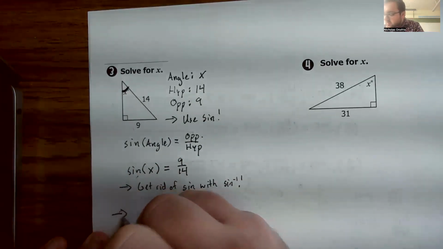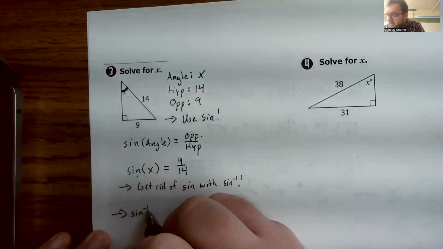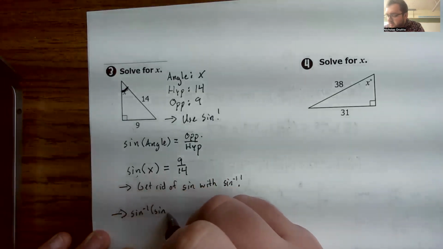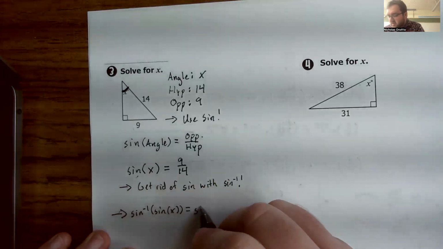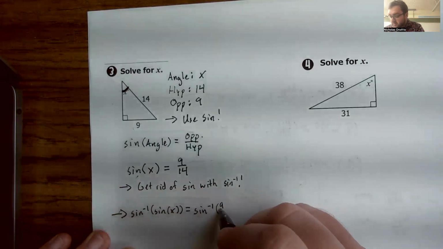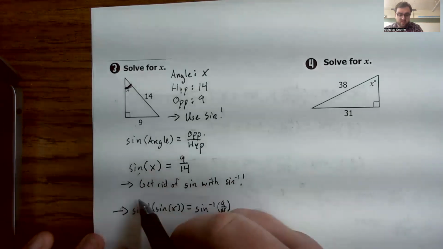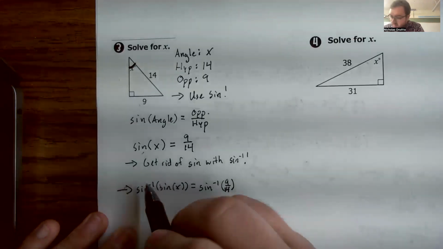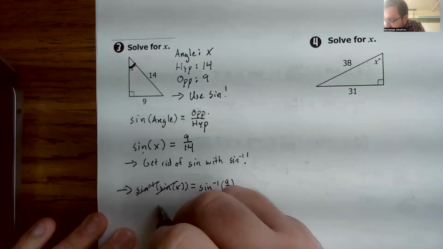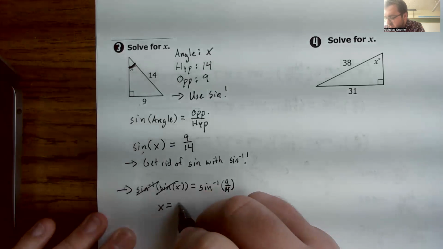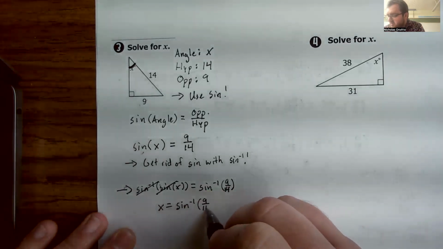We can take our equation and apply sine to the -1 to both sides. I know this looks a little bit messy. On the next problem, I'll show you a shortcut that makes it look nicer. Sine to the -1 and sine are going to go away. These cancel, and all we're going to be left with is x equals sine to the -1 of 9/14.